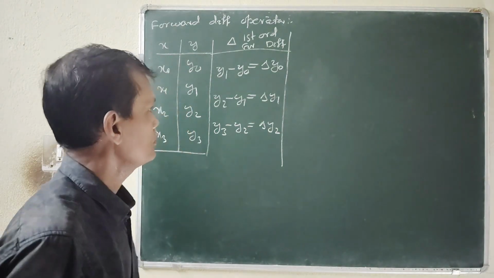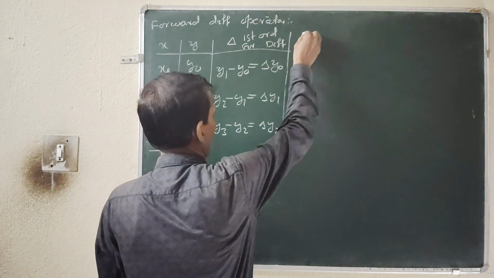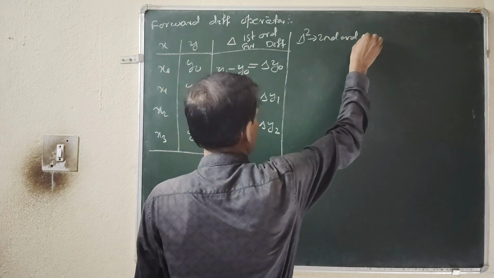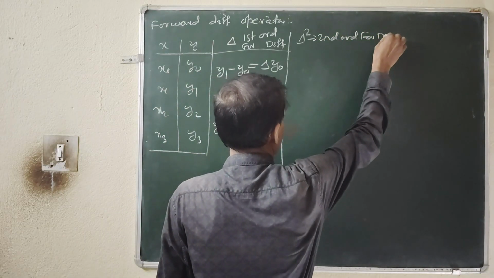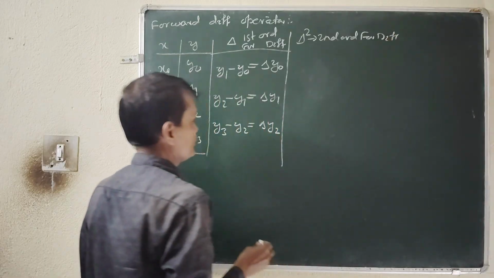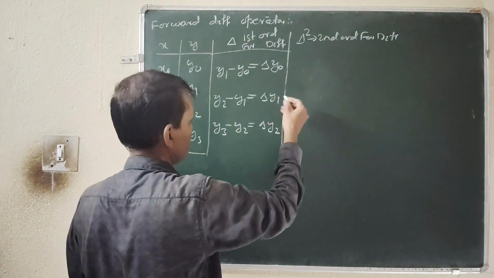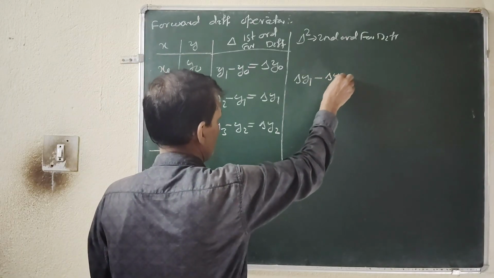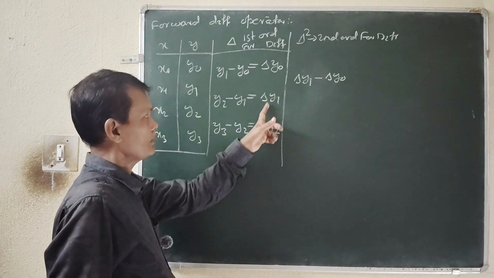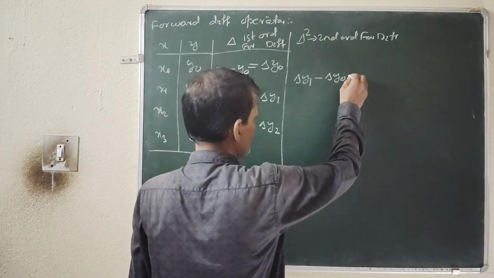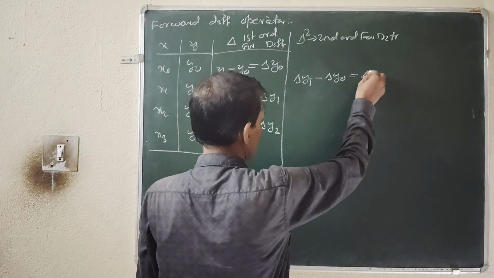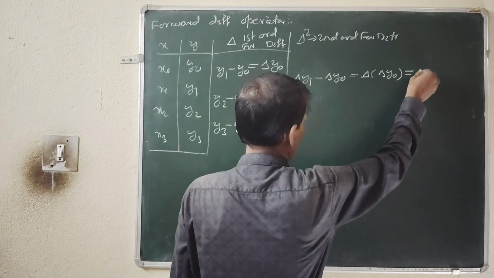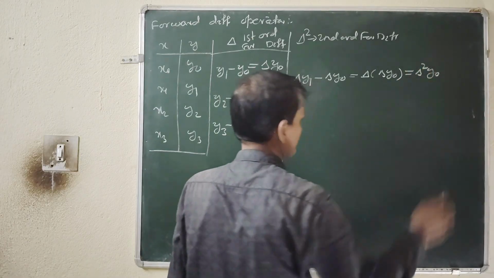For second order difference, the notation is delta square. The second order forward difference is defined as delta y1 minus delta y0. So this is the new data, this is the old data. That will be denoted as delta of delta y0 and shortly written as delta square y0.